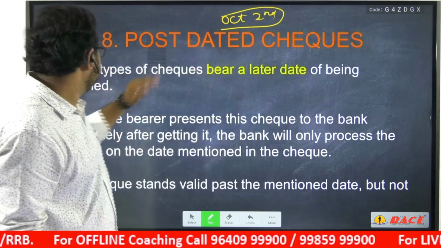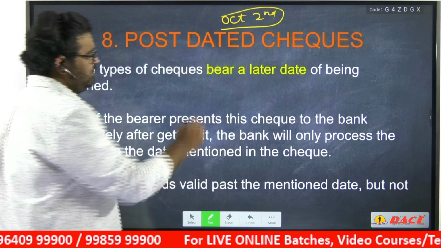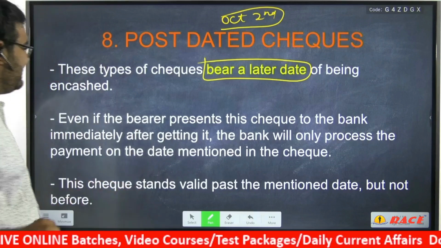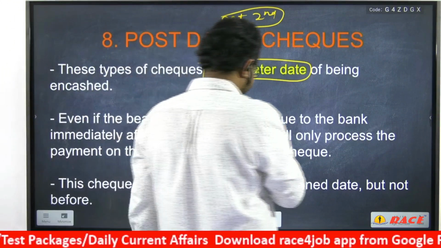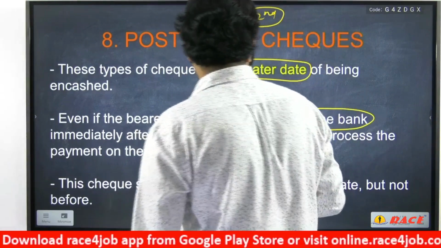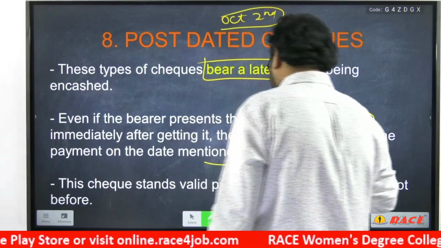See the definition. These types of checks bear a later date for being encashed. Even if the bearer presents this check to the bank immediately after getting it, the bank will only process the payment on the date mentioned on the check.